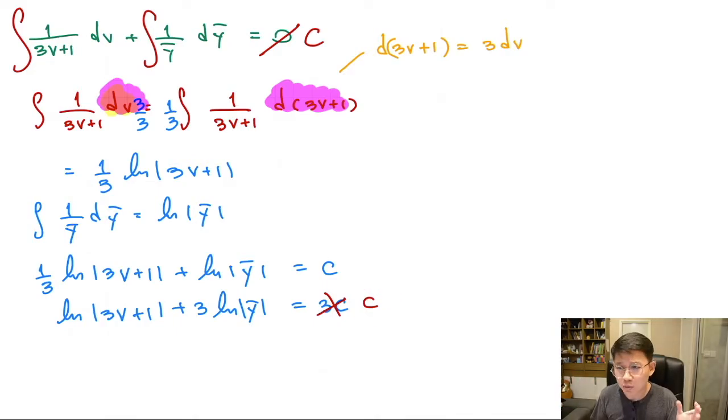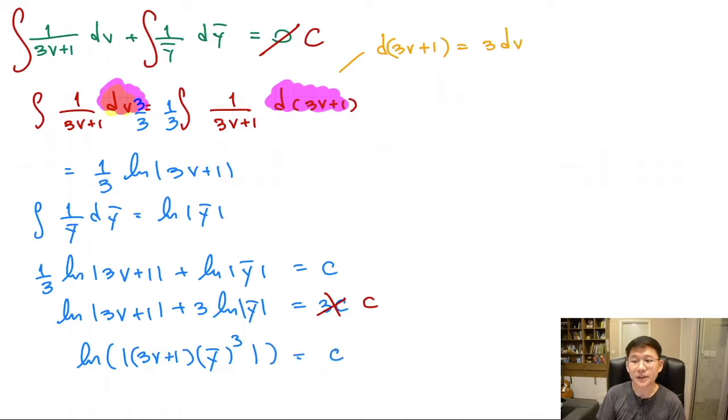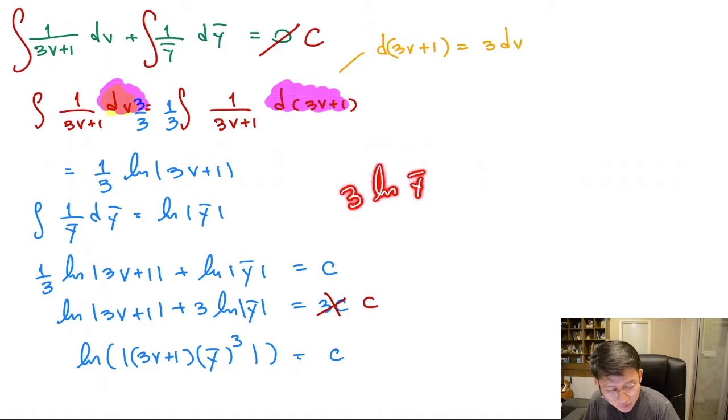It's okay, no problem. Okay, so here is going to be log of absolute value of 3v plus 1 times y bar cubed equals c. Make sense? Here, 3 log of y bar is actually log of y bar cubed.